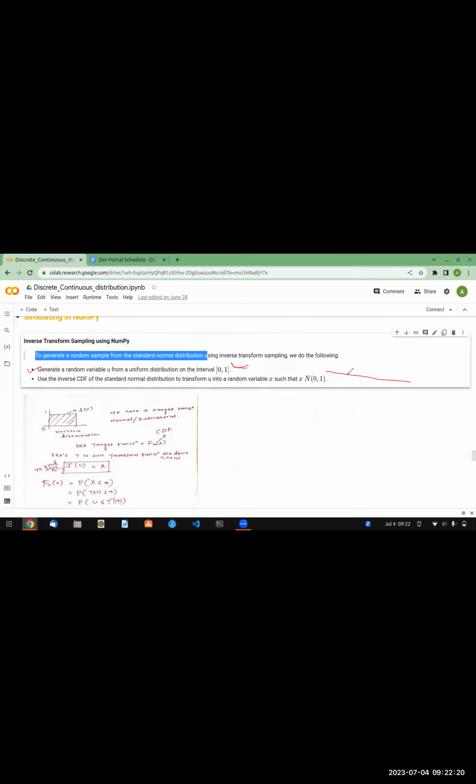That means on this x-axis between 0 to 1, you generate any random number. We'll do this with coding in NumPy. You generate random data from a uniform distribution in the range of 0 to 1. Suppose this is my x.